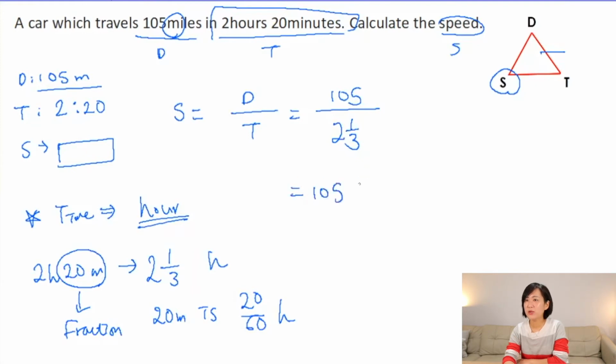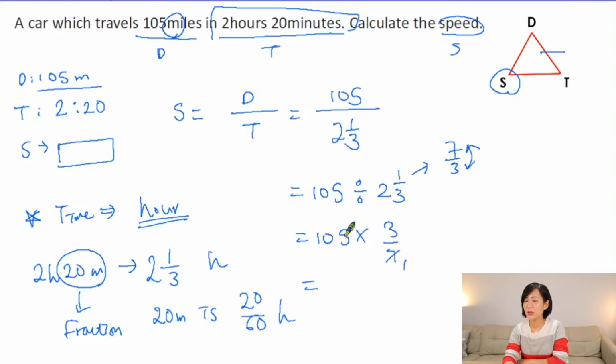Now, all we need to do is calculate that. So 105, fraction is division, so let's change it into division. 105 divided by 2 1/3. Let's convert this into an improper fraction. So 2 and 1/3 is 7/3. Let's turn the 7/3 upside down, that means 3/7.